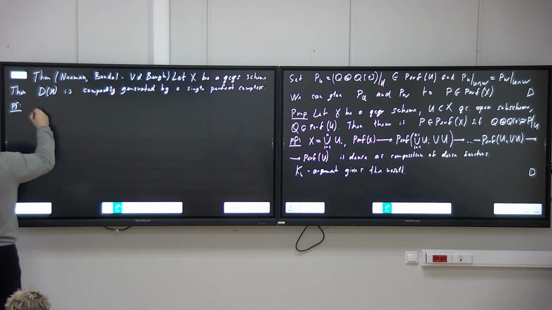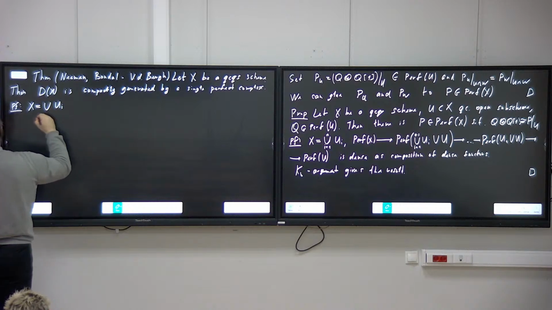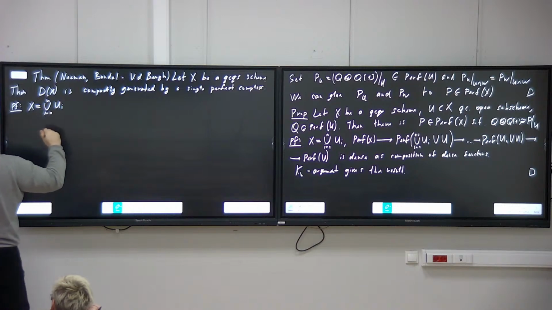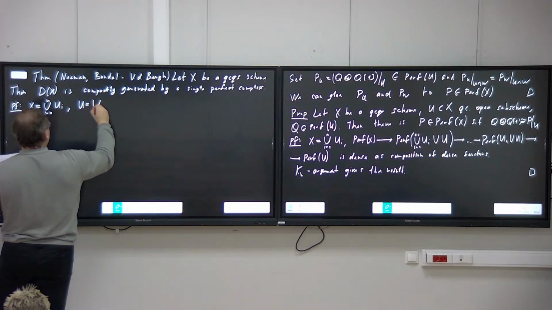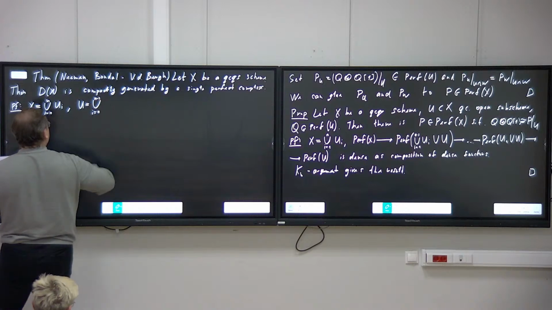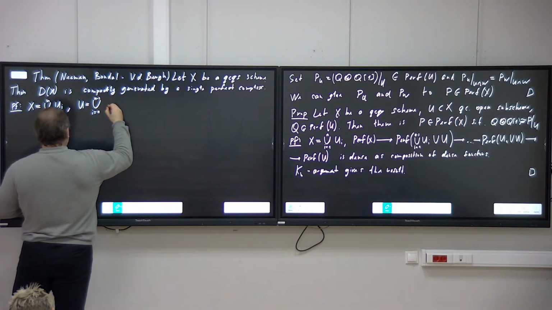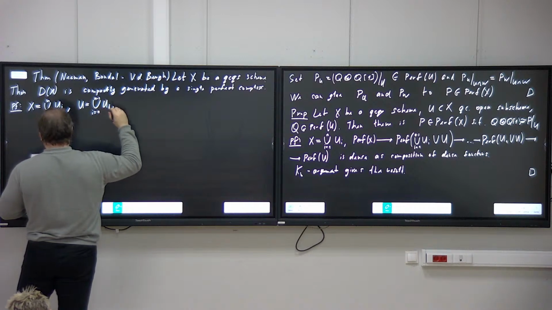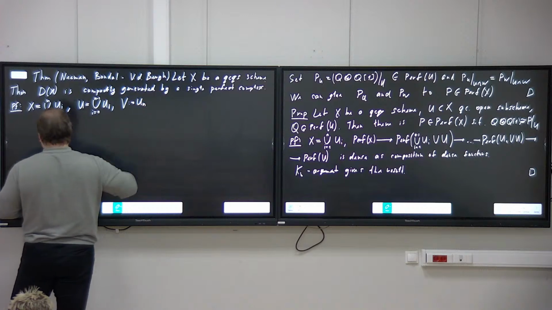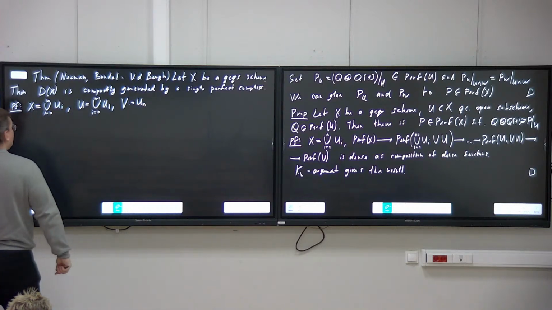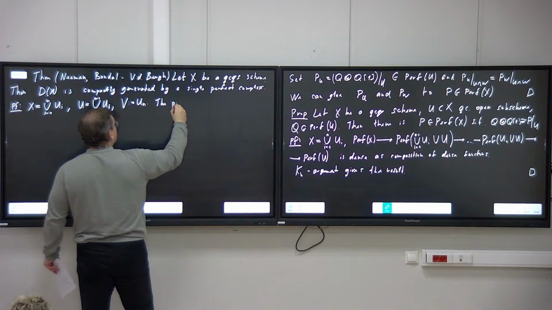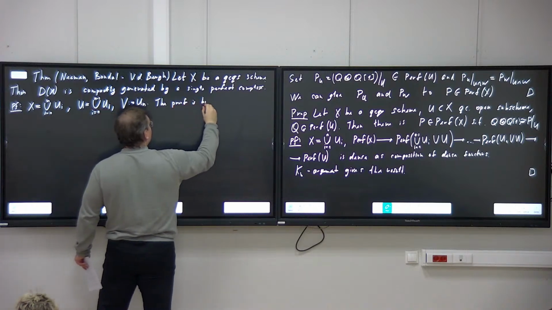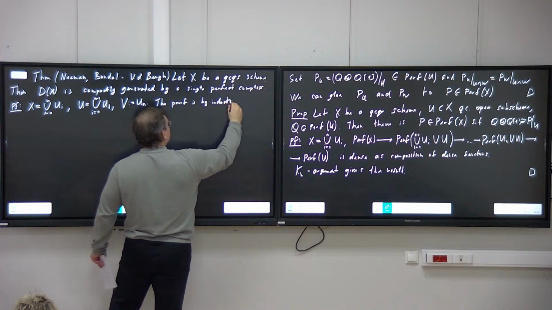As usual, since X is quasi-compact, I can take a finite union of n affine opens, and I'm going to fix notation: U will be this union up to n minus 1, so except the last U_n, and the last U_n I'm going to call V. The proof is by induction on n.